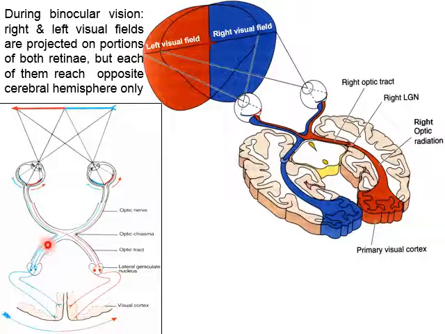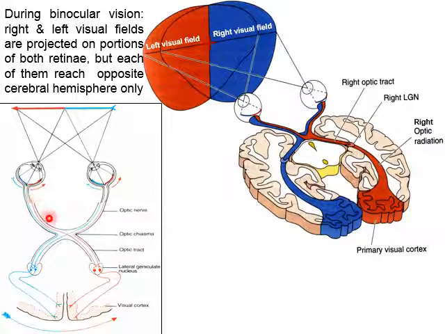The left optic tract receives everything that's coming from the right half of the visual fields of both eyes, and it reaches the left lateral geniculate body, and it reaches the left visual cortex. The same applies in the opposite way here in the right eye. If you look at the left visual field, it projects to the right eye and to the left eye. The left visual field projects to the temporal half of the right eye and the nasal half of the left eye.